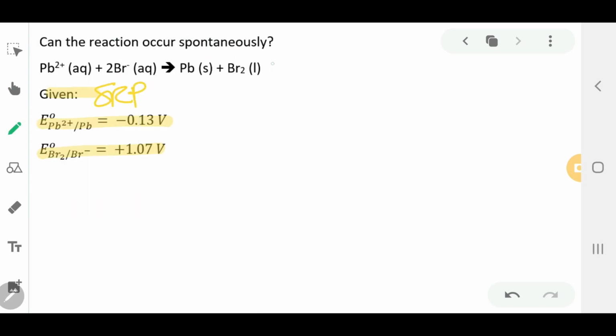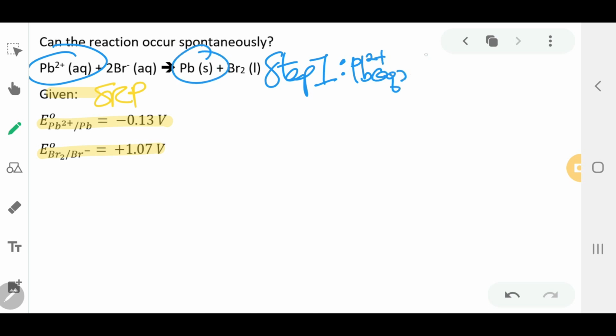And step number 1, you have lead over here, so I'm just going to write Pb2+ aqueous, and on that side you have Pb solid, so you're going to add 2 electrons to become Pb solid. So this is based on the reaction that you are given over here, and you need to identify whether it is spontaneous or not.